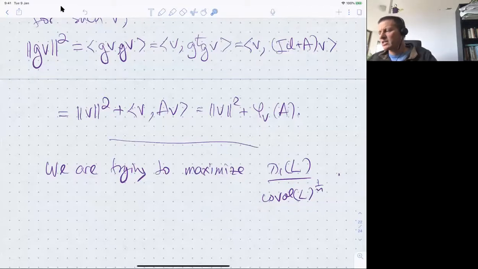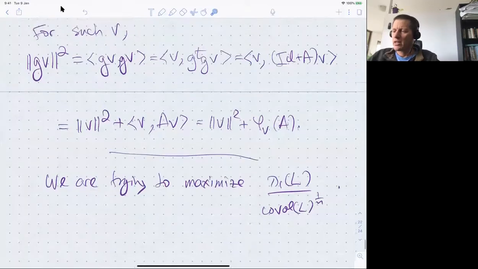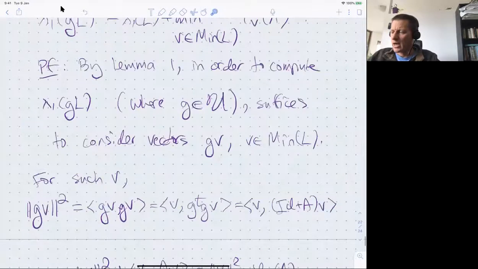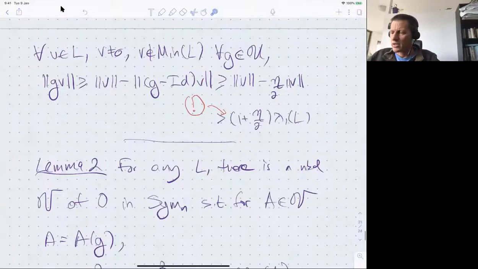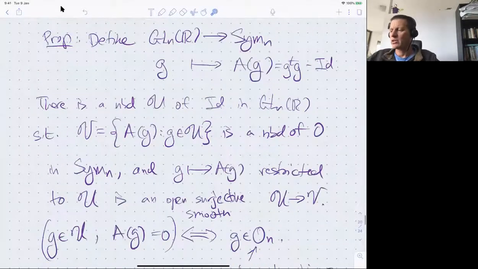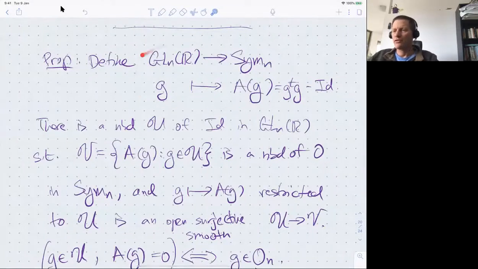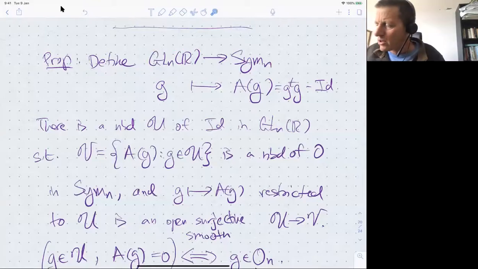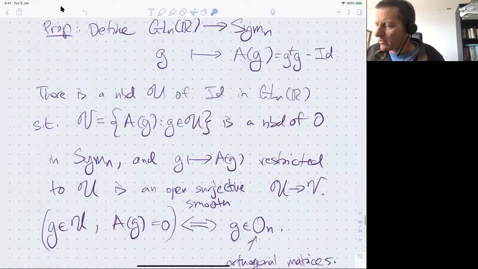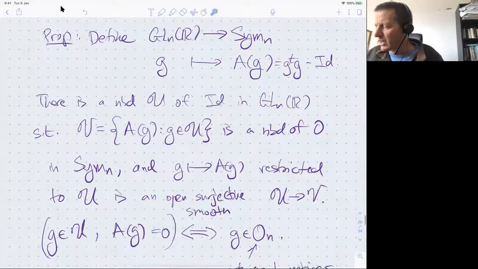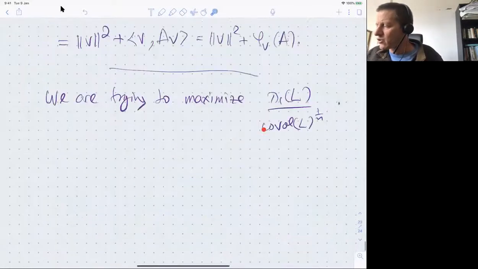But somehow this analysis is easier if we allow G to be arbitrary in GLN, not necessarily of determinant 1. Then this fact in the proposition about this mapping is clearer. If we restricted G to be of determinant 1, then we'd have to understand precisely what the image would be here, and this would be a little bit complicated. So we pay the price. We understand the mapping better if we work with GLN. The price we have to pay is that we have to worry about this co-volume denominator.